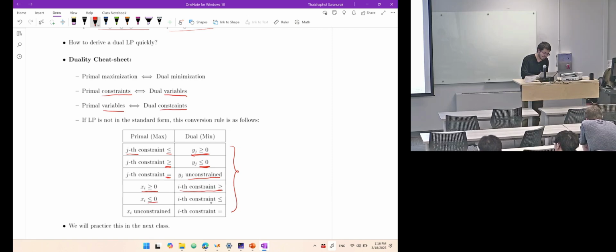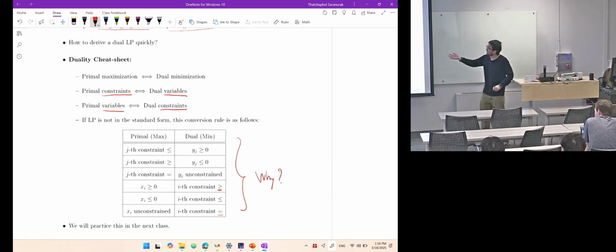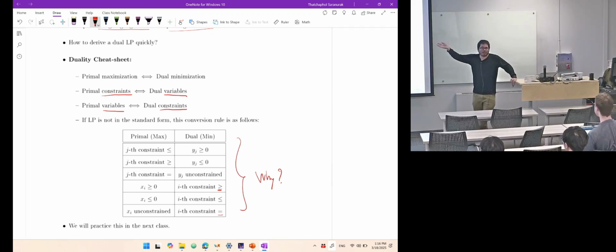If at most, you get this. If it's unconstrained, then the dual constraint is equality. It's good for you to think about why this makes sense, for example by going through how we derived the dual in this class.